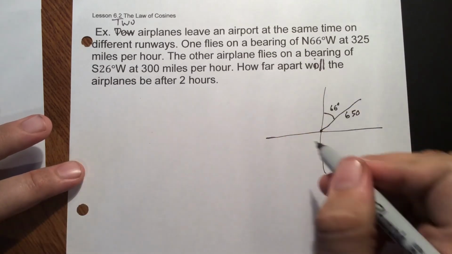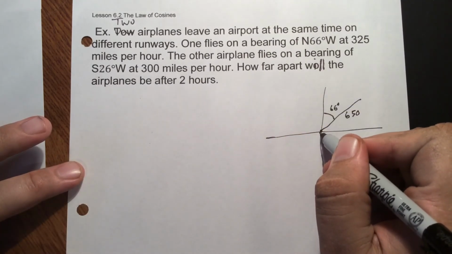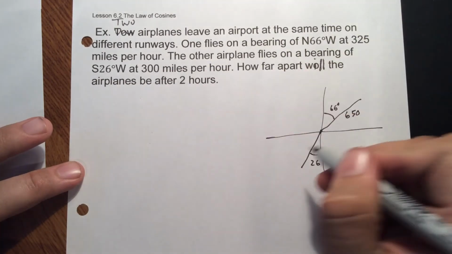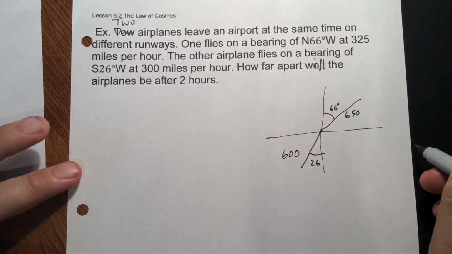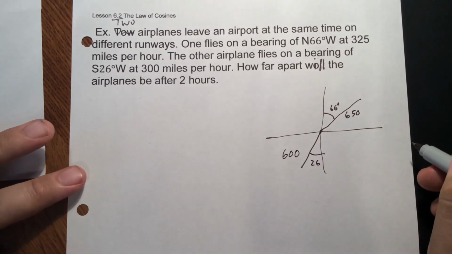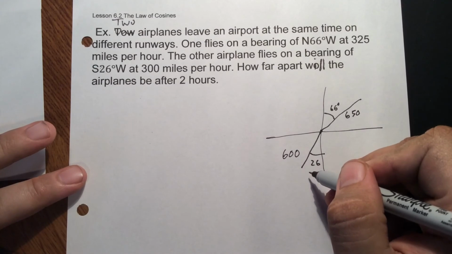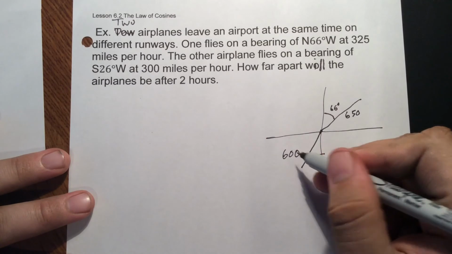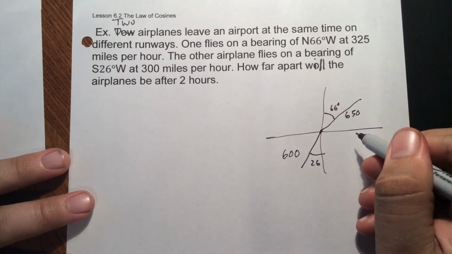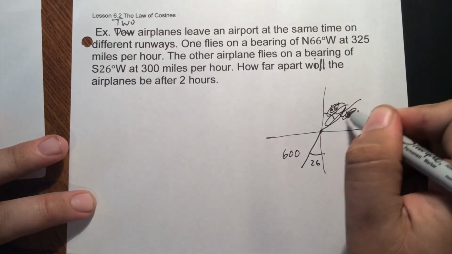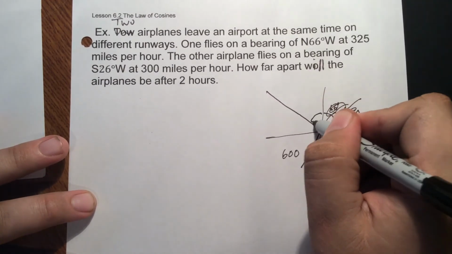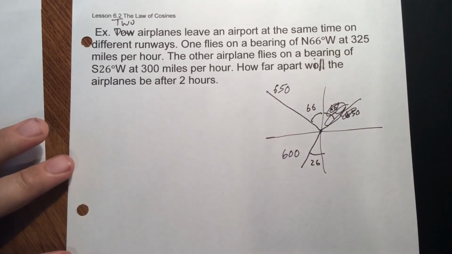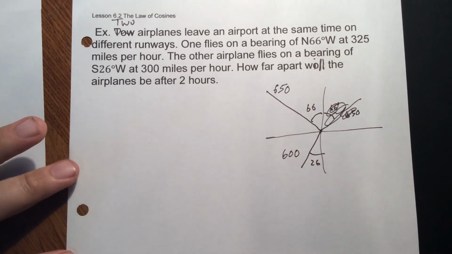The other one would be going south 26 degrees west at 300 miles. So 300 times 2 would be 600. Oh crap, I did this one wrong. Should be west the 66 and the 650. That's what's throwing me off. I'm like, wow, that does not really look like a triangle.